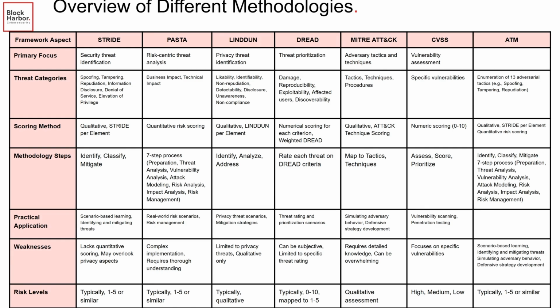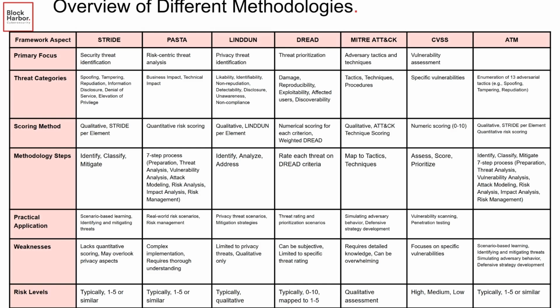The process involves 3 main steps: identifying the threat, classifying the type of threat based on STRIDE categories, and mitigating it using appropriate security measures. Strengths of STRIDE include its simplicity and effectiveness in identifying common security threats. However, it lacks quantitative scoring and may not adequately address privacy-related issues, which can be a drawback in more complex systems.